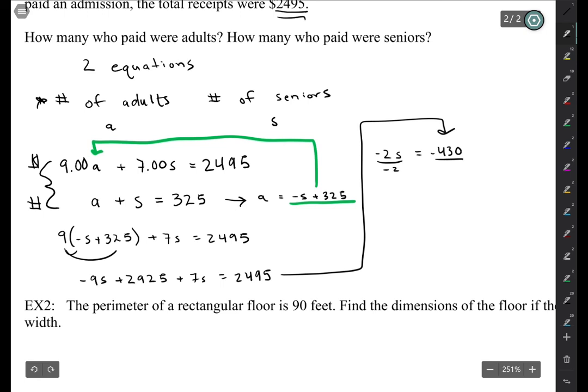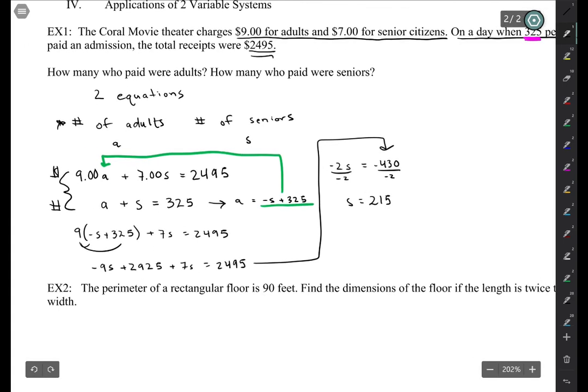So I know sometimes students panic when they get that negative, but we do end up with a positive because negative divided by a negative is a positive, which means that 215 is equal to S. Now, we just need to find the number of adults. So again, any equation that you've worked with, you could use. This one, this one, this one.